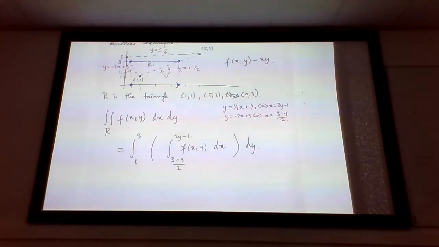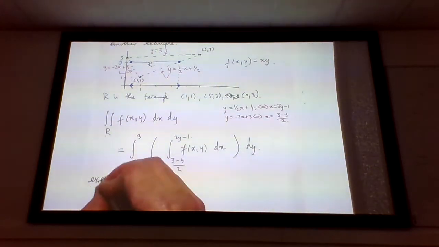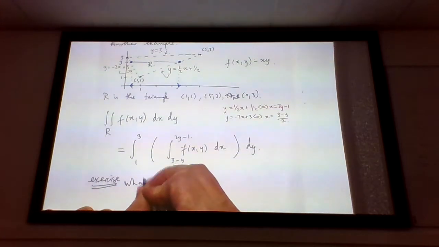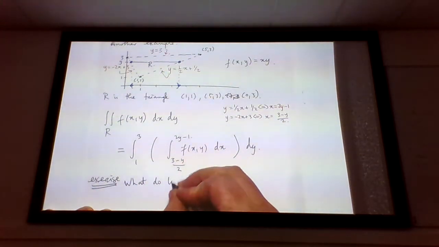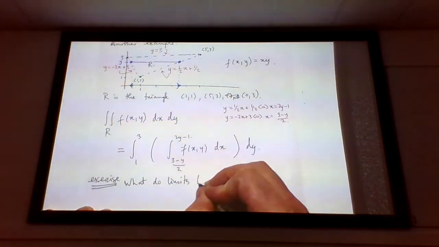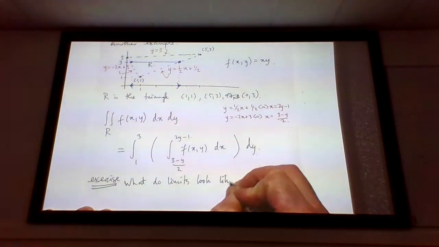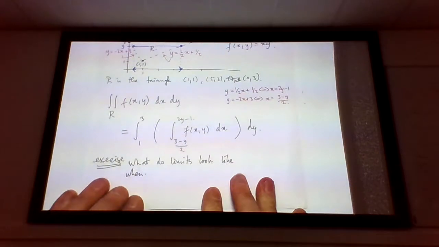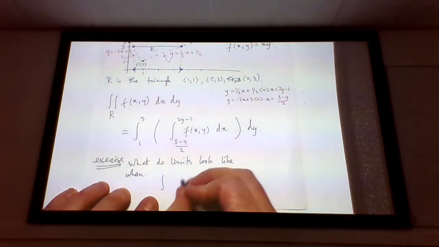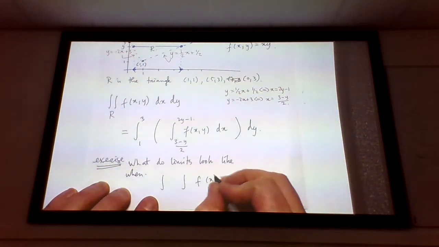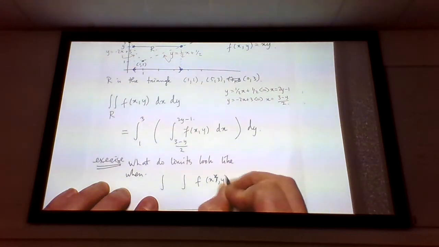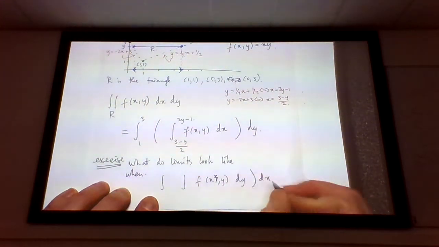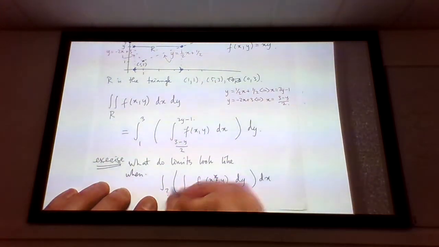So I'll leave you with another exercise: what do the limits look like when we attempt to realize this integral in the other way, with y as the inner integral and x as the outer integral?